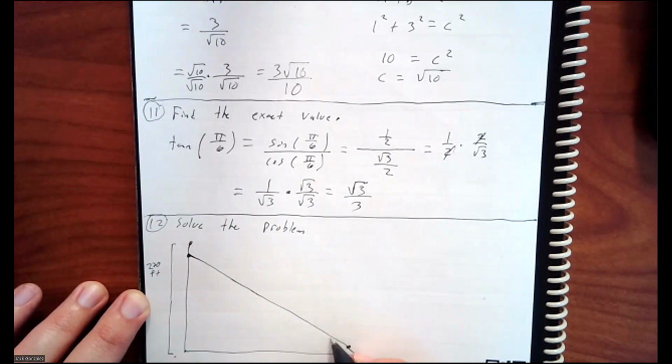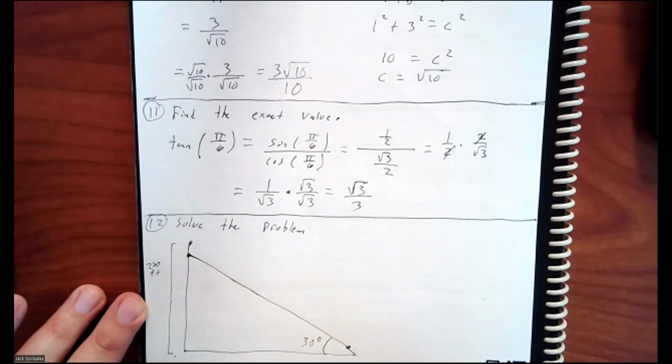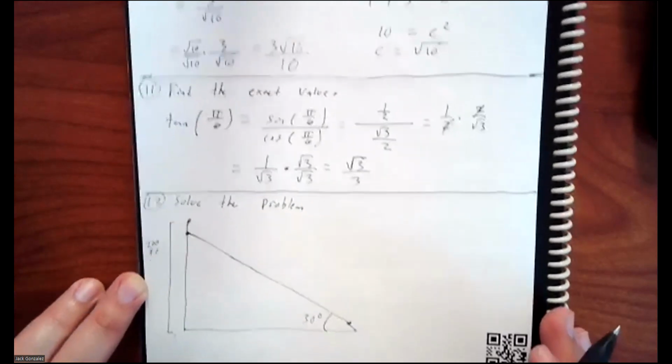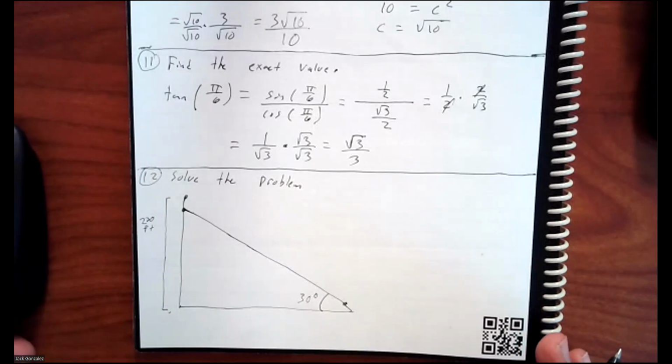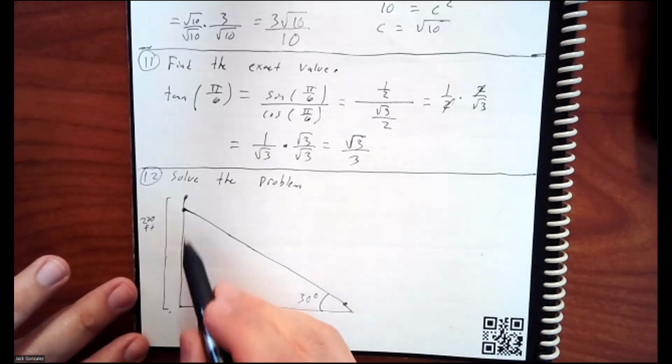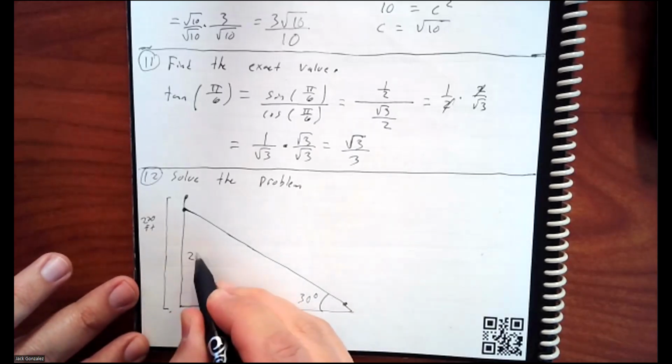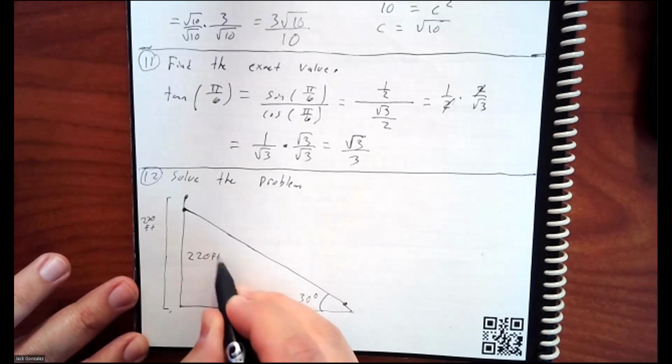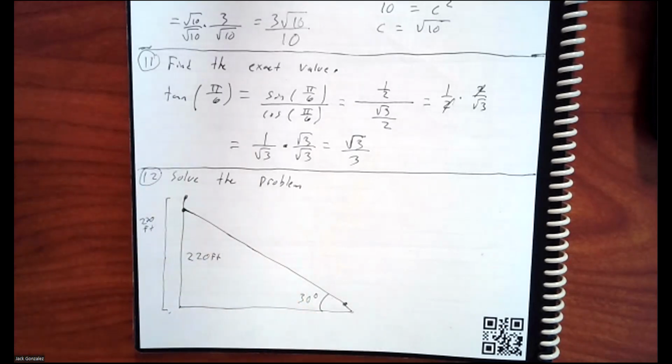The angle that is formed from the ground is 30 degrees. Let me go back to full screen. This length, the opposite side, is actually 220, right? They're attaching it 10 feet below, not at the tip or the top.